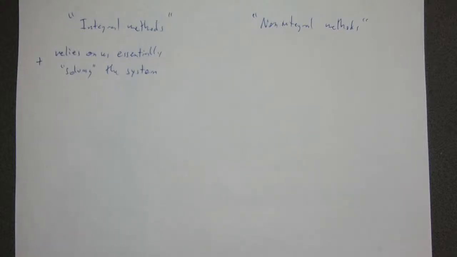Now I'm talking about integrate in the sense of the system, not in computing an integral in the Calc 1 or Calc 2 sense. When I say integral here, I'm talking about this Hamiltonian thing or something like it. So integral methods rely on us solving the system, and that's not always going to be possible.